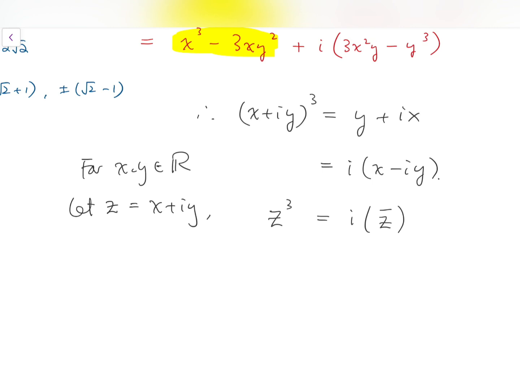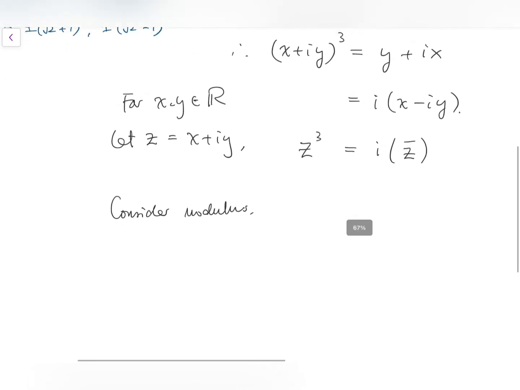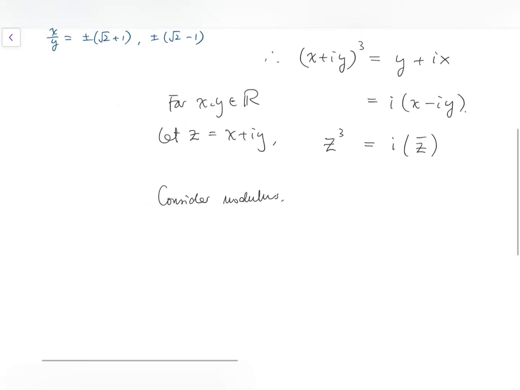To decide which two cases we are considering, I'm going to consider the modulus of both sides. Which means the length of the segment, or the distance between the point and the origin when this complex number is plotted on the Argand diagram.